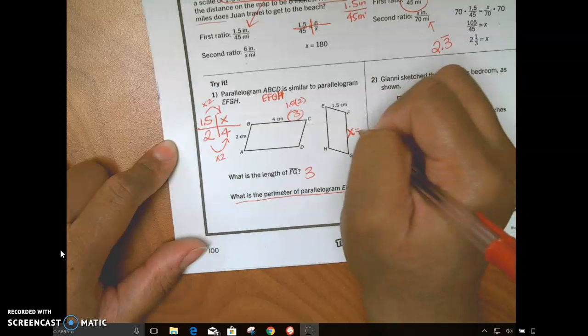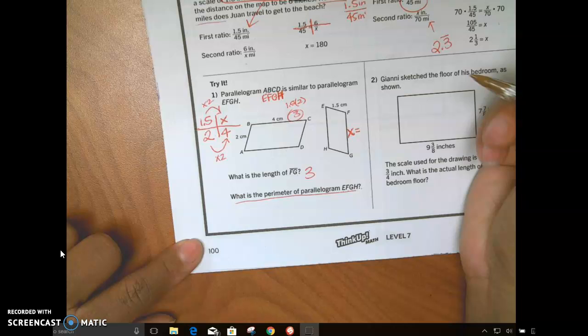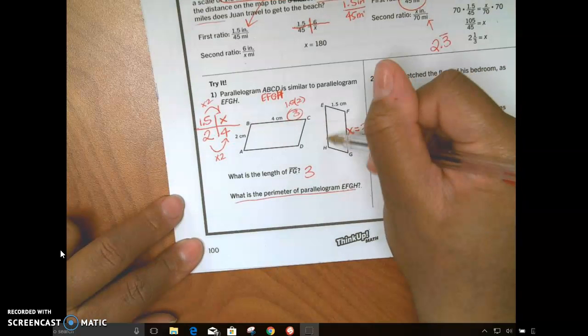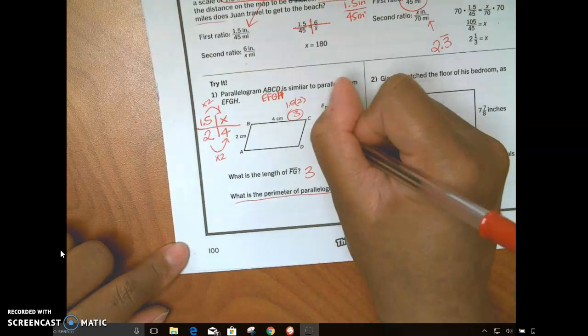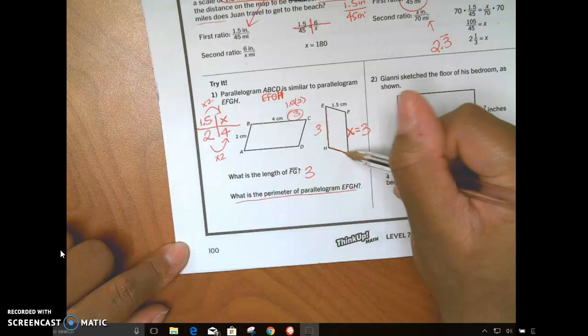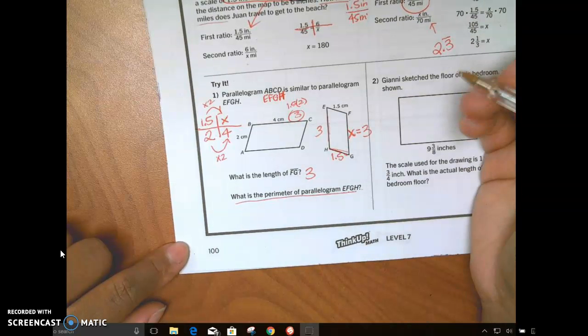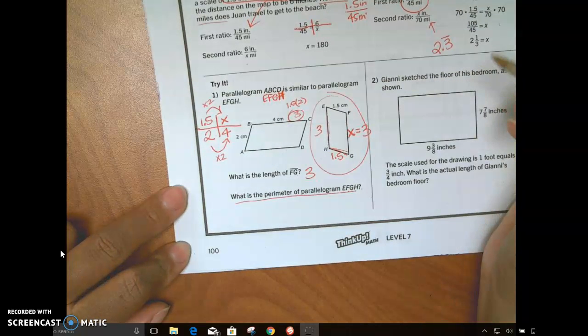How long is this side right here? I just solved it. 3. How long is this side over here? 4. Still 3. How long is this side down here? 1.5. How do I find perimeter? Add up all the sides.